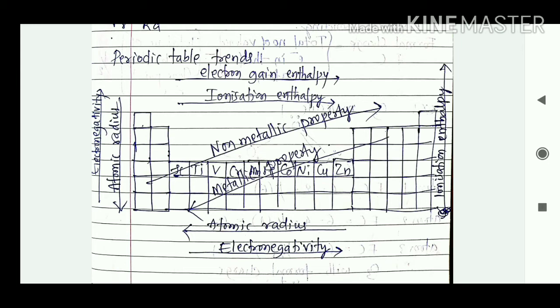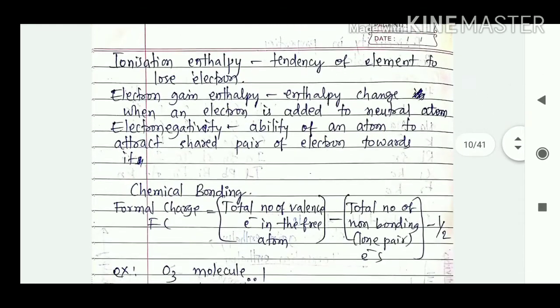When we move in the zigzag pattern, the metallic property is more towards the left part as compared to the right part, and the non-metallic property is more in the right part as compared to the left part. We'll move to the next one, ionization enthalpy.